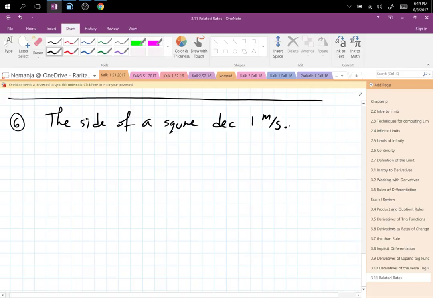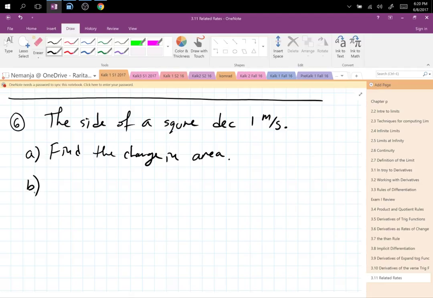They want me to find the change in area. So find the change of area, and B, at what rate are the lengths of the diagonals of the square changing?